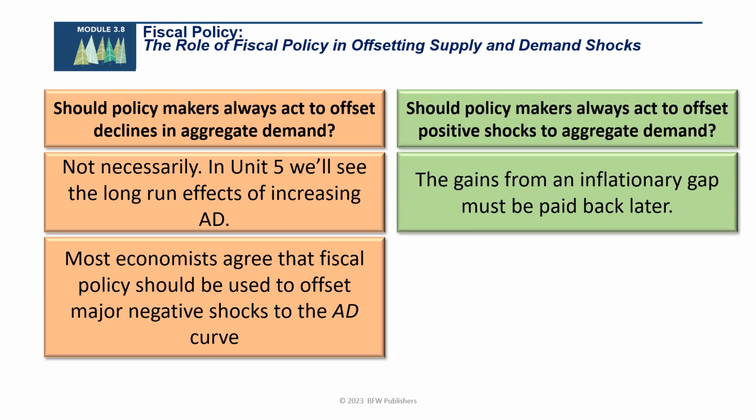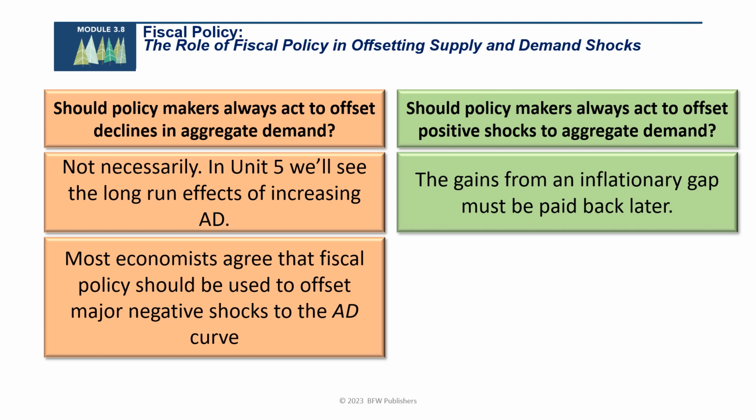And now this slide's interesting here on the right because it says, okay, should contractionary fiscal policy be implemented to address demand-pull inflation, aka an inflationary gap? And it says here the gains from an inflationary gap must be paid back later. I actually talked to three colleagues about this.